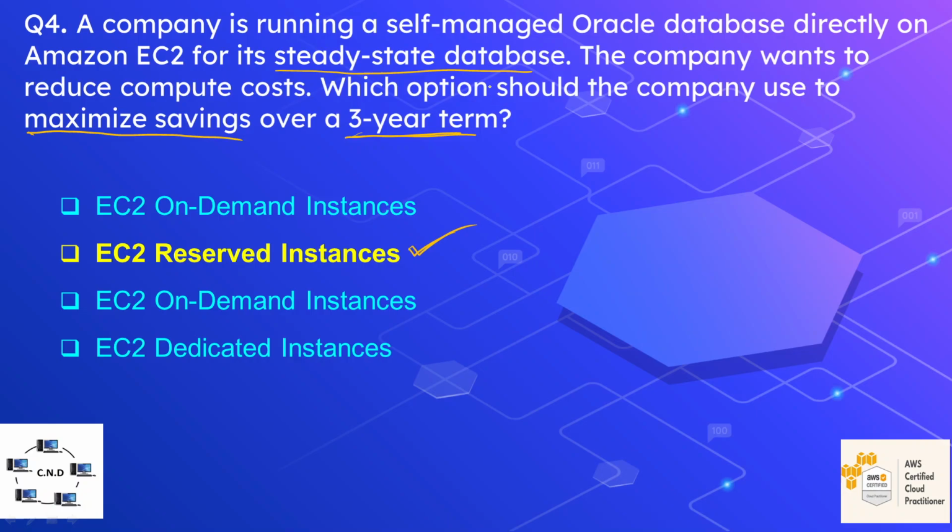On the other hand, let's suppose your workload was not steady and you were expecting increases and decreases in the workload, and you also didn't know the exact duration of your workload. Then the most suitable option would have been on-demand instances, because when your traffic or workload increases, you can increase the instances on demand.